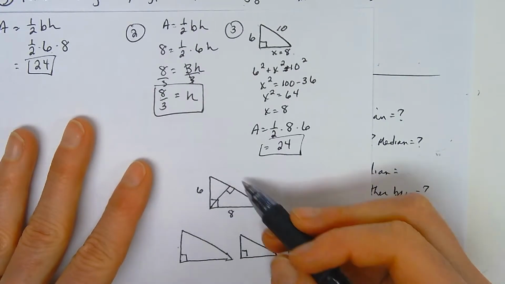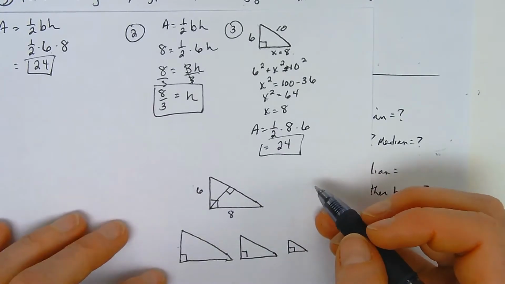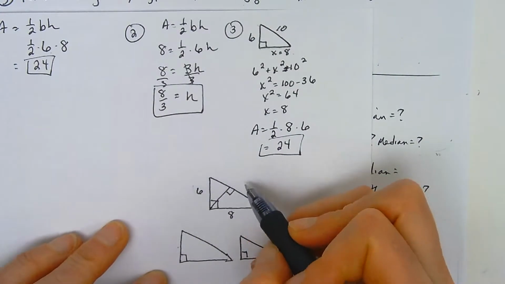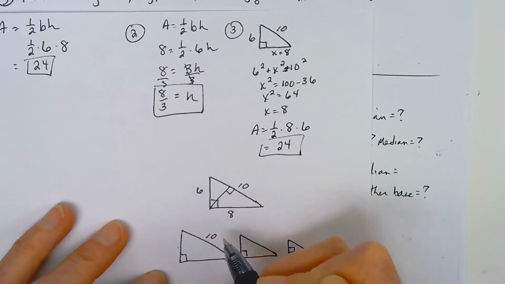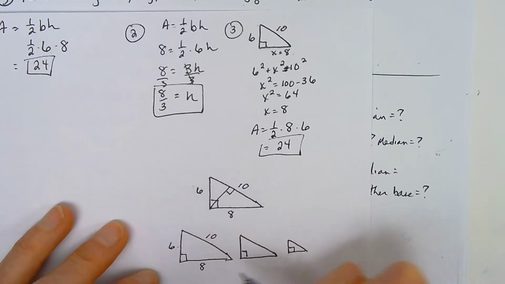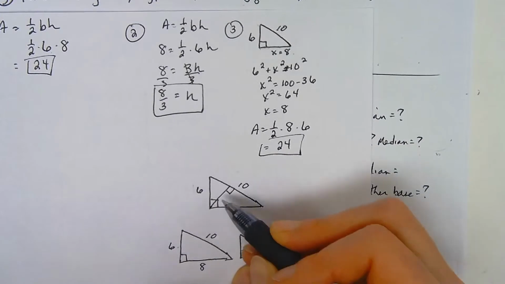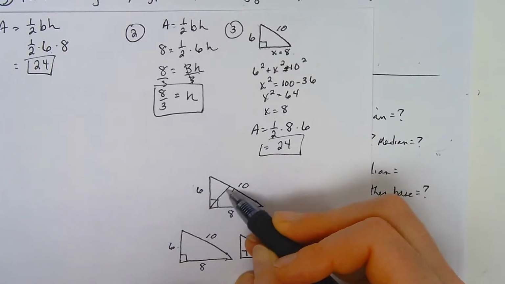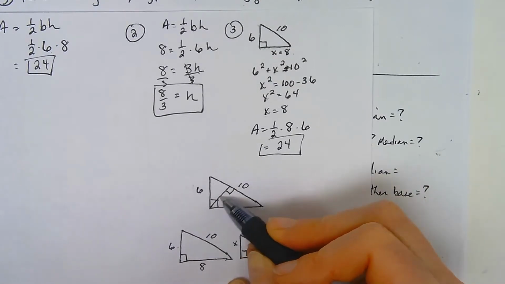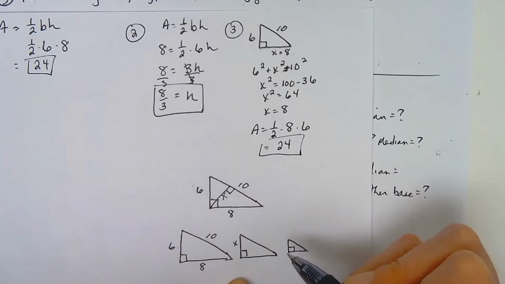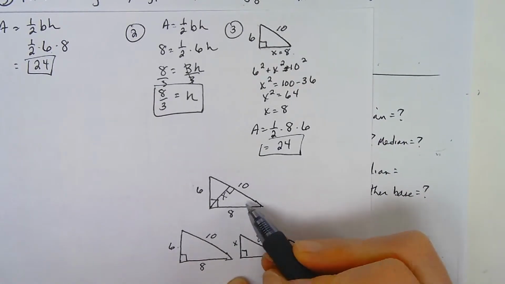I'm separating this triangle into 3 similar triangles. And now very carefully labeling all the parts. So this is 10. This whole thing is 10. So this is 10, this is 6, this is 8. Now on the medium triangle, we don't know the length of the short leg. That's the altitude we're actually looking for. Let's call it x. And the hypotenuse is 8, and we don't know the length of the long leg.